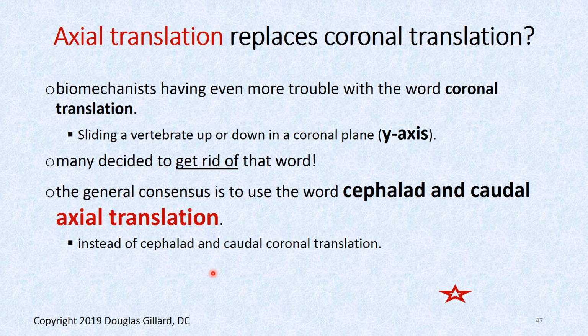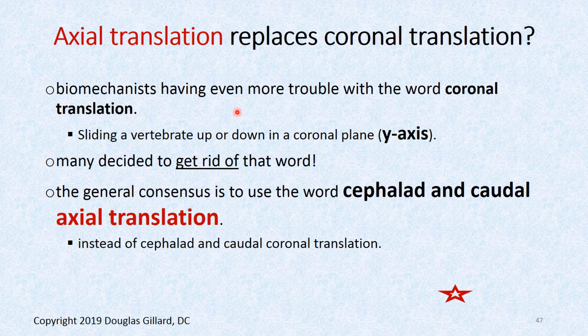All right. Axial translation replaces coronal translation. So this is confusing because these are different planes. True biomechanists look at coronal translation from an A to P perspective, but they called it axial translation.